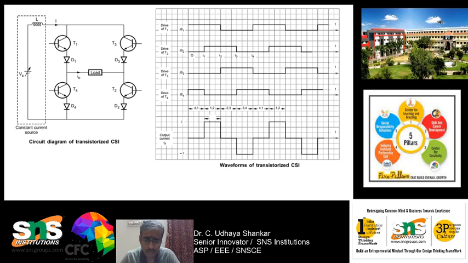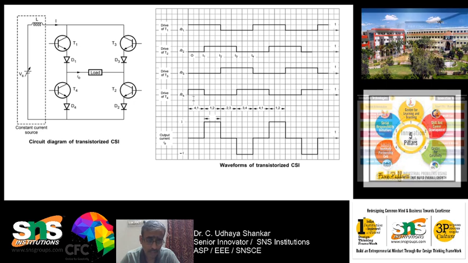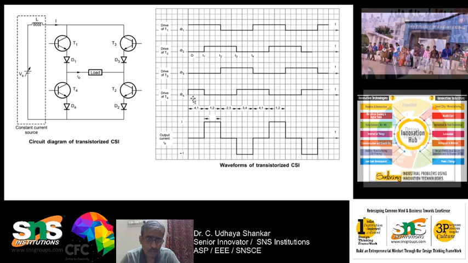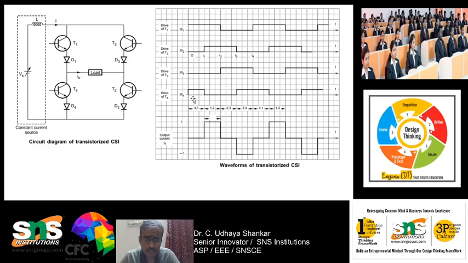This is the transistor based inverter, that is, the transistor based current source inverter, and adjacent to it I have given the waveforms also. From the circuit, you can see that 4 transistors and 4 diodes are used.